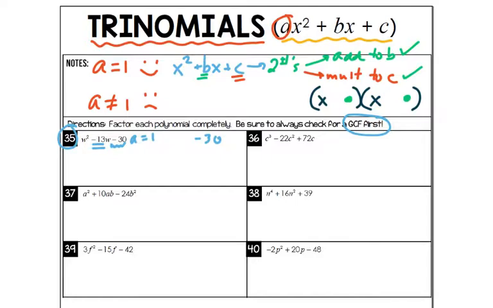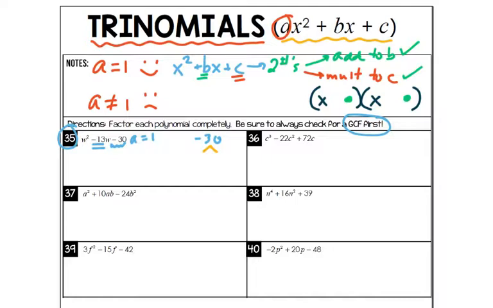Okay, let me start picking out numbers that multiply to give me negative 30, and even if I'm wrong, I'm still going to try. How about 6 and negative 5? That multiplies to give me negative 30, but if I add them, 6 plus negative 5, no, that doesn't work. Even if I change the signs, negative 6 and positive 5, they still multiply to give me negative 30 but don't add to give me negative 13, which is what I need.